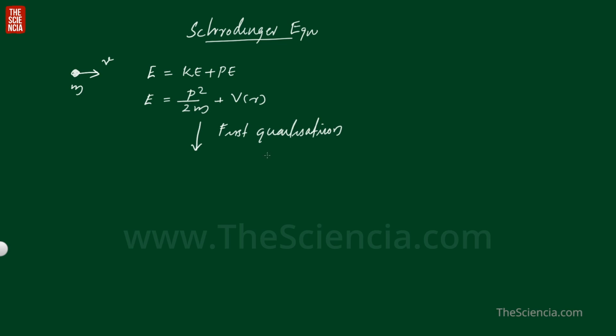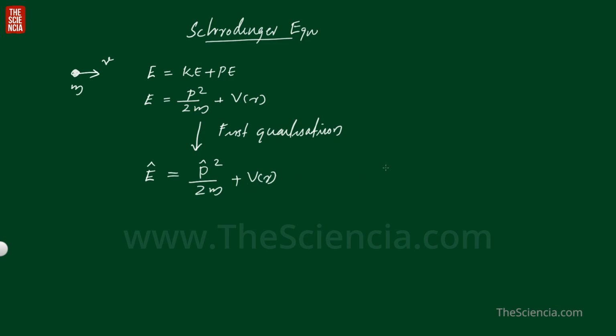In quantum mechanics, everything is an operator, so the energy in classical mechanics becomes an operator, represented by E cap. So E cap is equal to P cap square by 2m plus V of r.